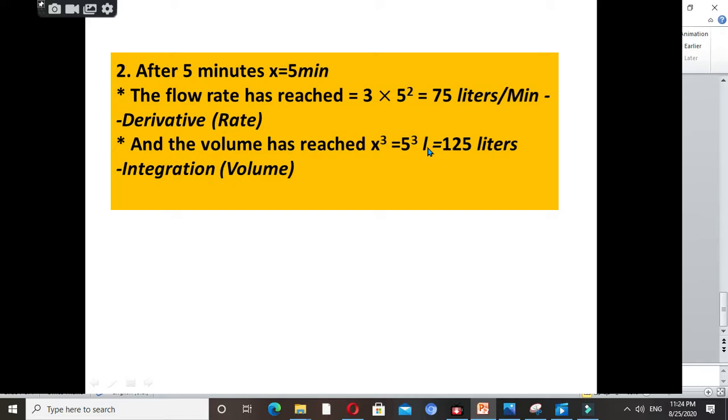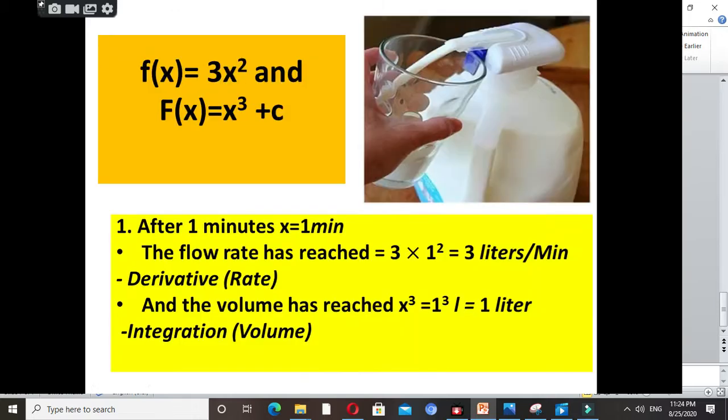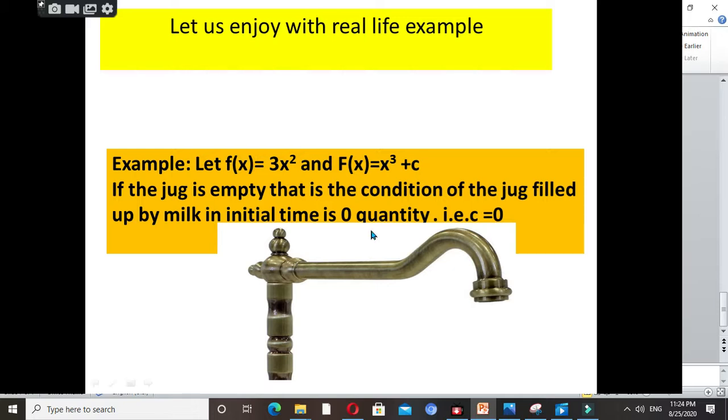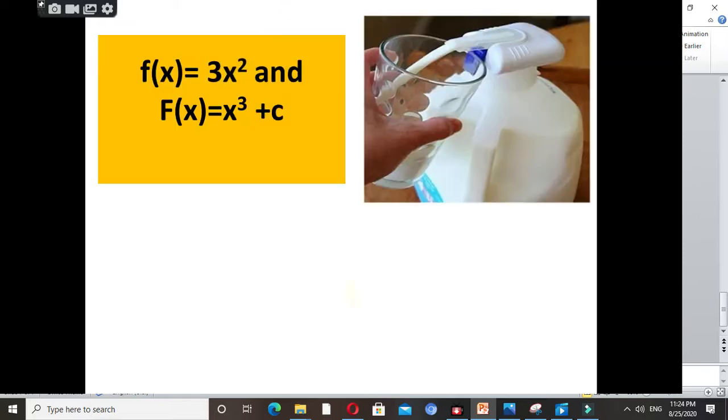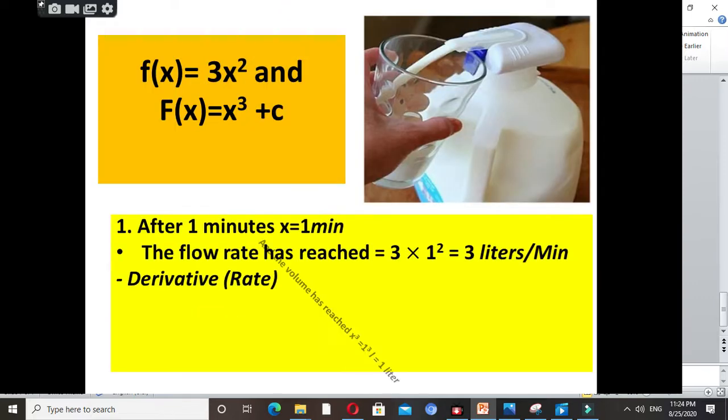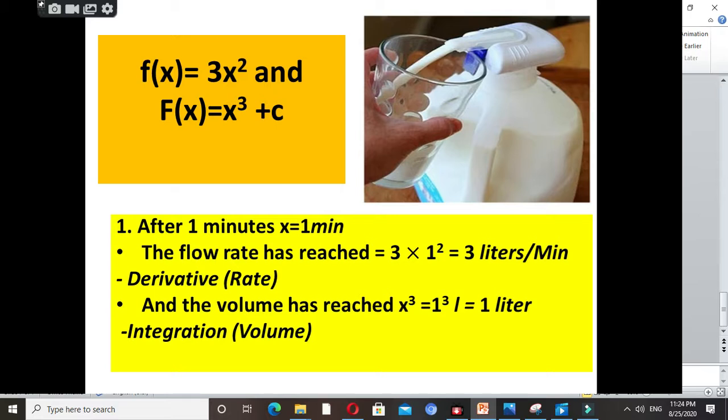Let's go back. Here we considered c equal to 0. If the jug is empty, that is the condition of the jug being filled up by milk with 0 initial quantity, that is c is equal to 0. Otherwise, we would add the value of c. So if there is some value of c, then we must add it in each case.